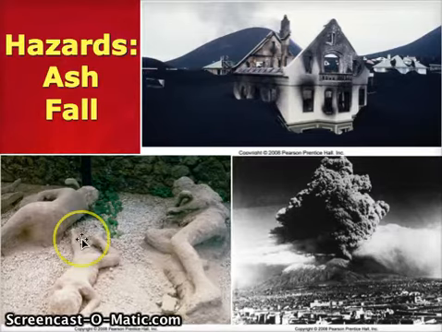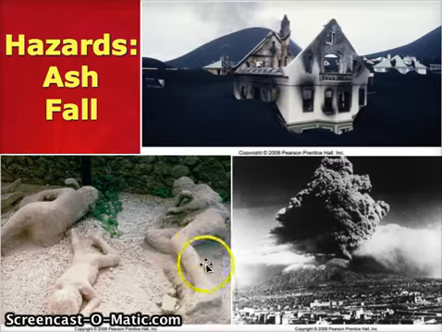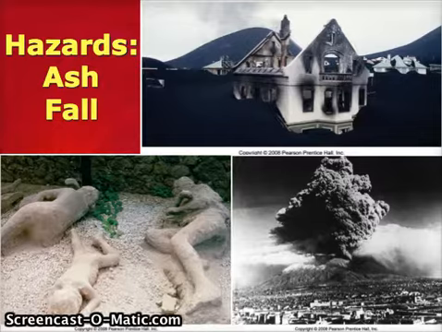And in the lower left you can see a picture of casts that were made of people that were buried in ash falls in Pompeii. So that's kind of a pretty famous eruption. Those folks were suffocated by the ash, and after they died they were then buried in the ash, and the shapes of their bodies were preserved. And there's a picture of an ash eruption in the lower right.